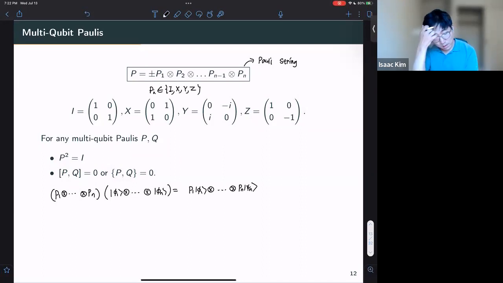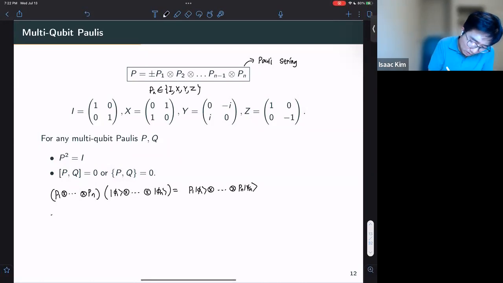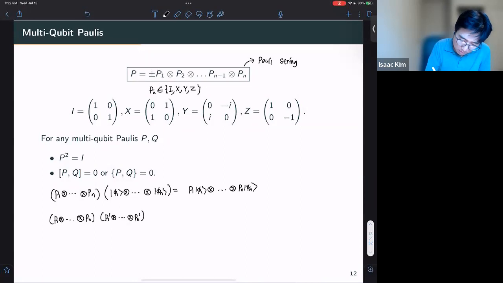Okay. And if you have two Pauli strings, let's say P1 tensor all the way to Pn, and P1 prime to Pn prime, then you just multiply. This multiplication also works in a very straightforward way. And therefore, you can see that these two facts hold.